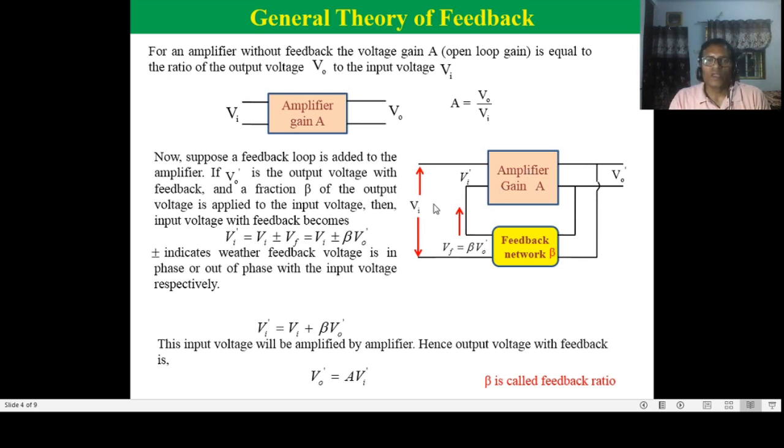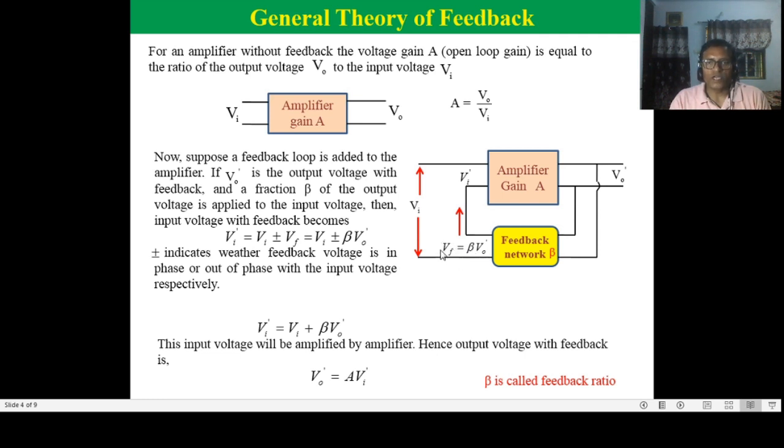So, here Vi is the original input without feedback and Vo dash is the output of this amplifier with feedback. A fraction beta of this output is taken, so that the feedback voltage Vf becomes beta times Vo dash.